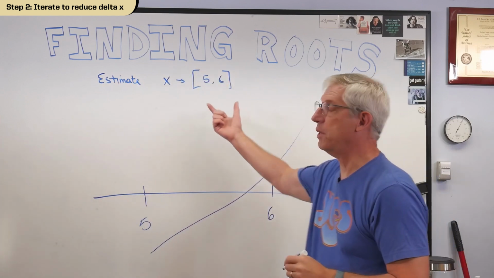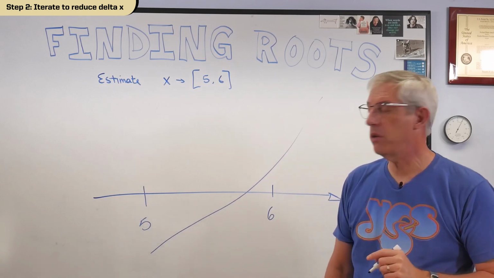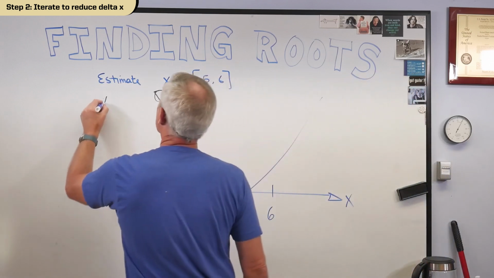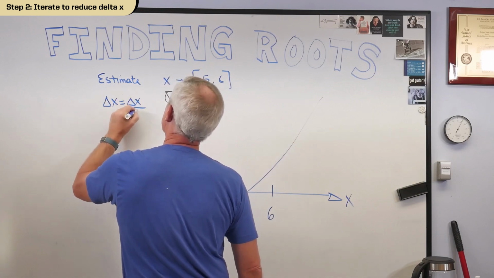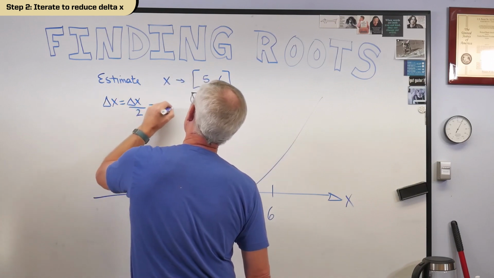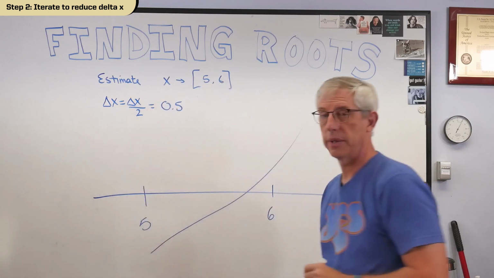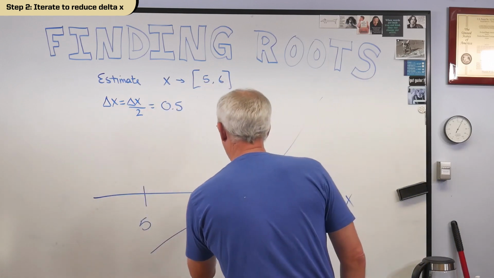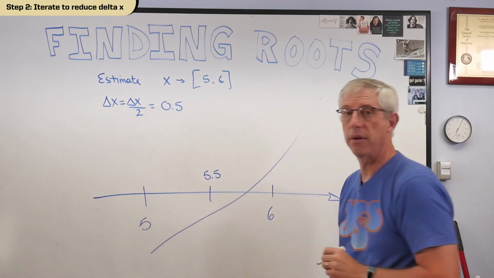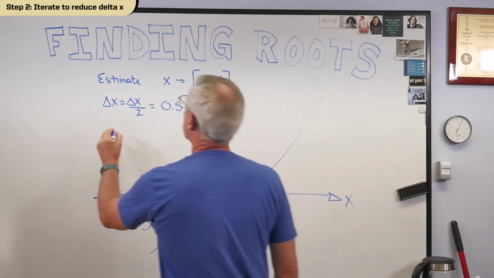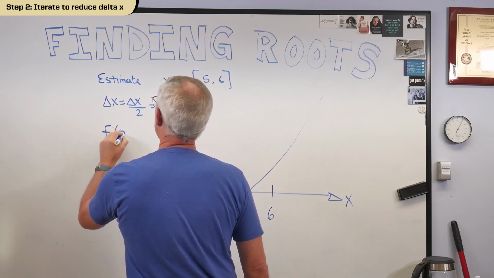We only know it's between those two numbers. So what are we going to do? Delta x equals delta x over 2, so now it's 0.5, right? Which is going to be right there at 5.5.